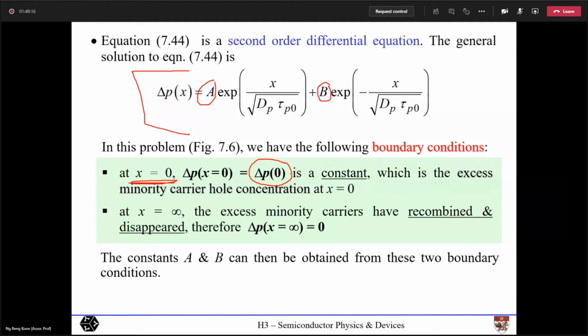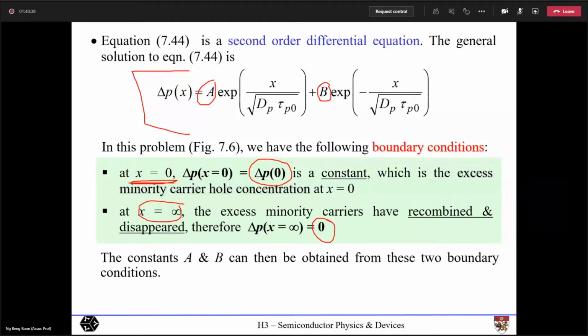The other boundary condition is that when you go deep enough into the semiconductor, x equals infinity, far away, all the excess carriers will have recombined, so you expect delta p to be equal to 0, because it goes back to the thermal equilibrium concentration.